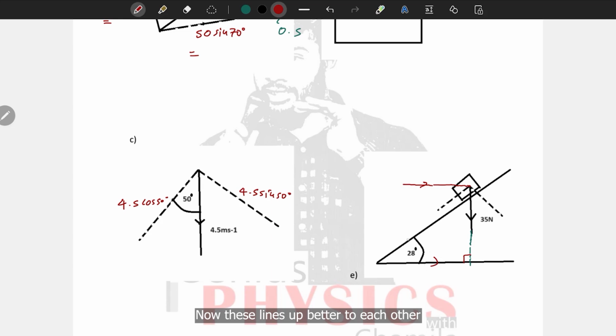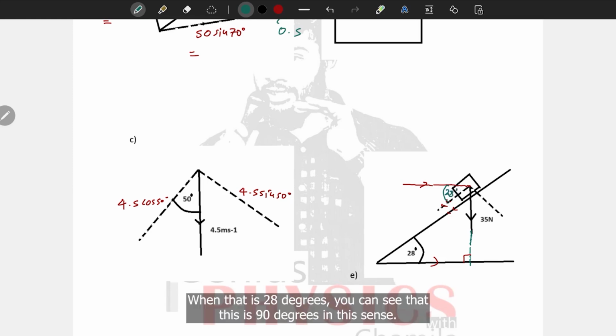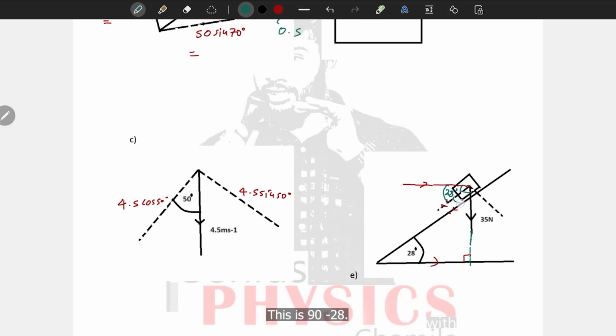Now these lines are parallel to each other, so when this is 28 degrees, this angle is also 28 degrees. You can see that this is 90 minus 28, so this value is 62 degrees.